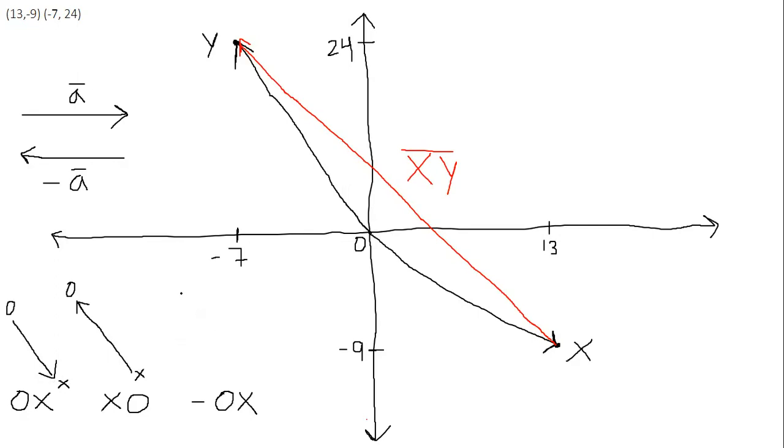So negative OX would be the vector with the same magnitude, the same size as OX, but heading in the opposite direction of OX. So that would be this.